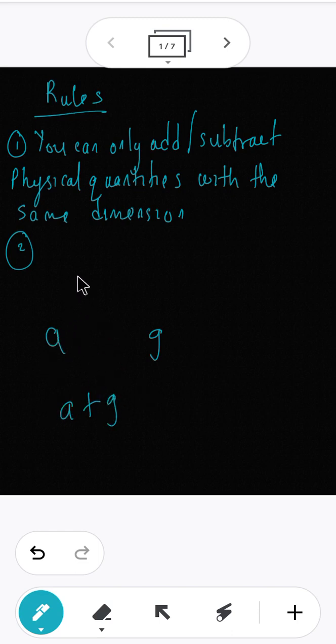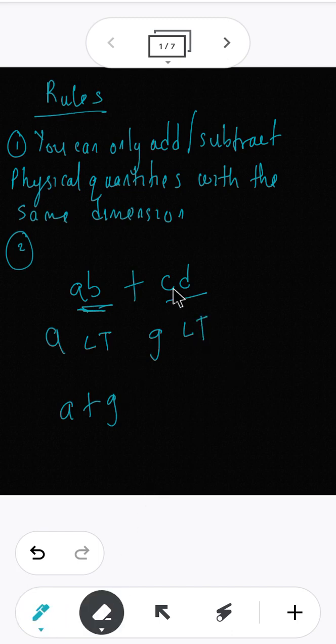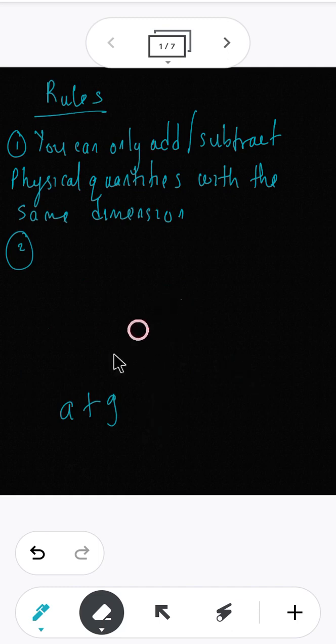Probably if you have two physical quantities adding another two physical quantities, when you combine the dimension of these two, let's say it gives you LT, and if you combine the dimension of these two, it's meant to give you LT also. Don't rack your brain too much. When we get to the example, you'll see what I'm talking about. So you can only add or subtract physical quantities that have the same dimension or unit. You understand?